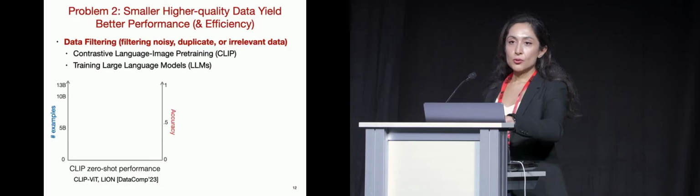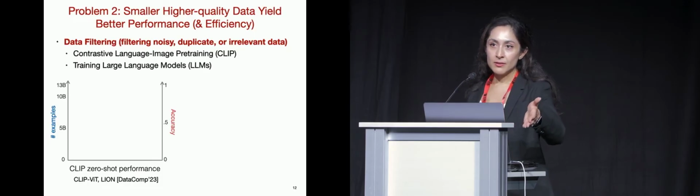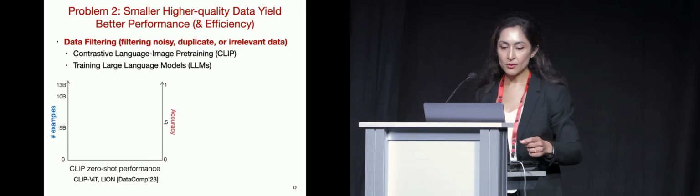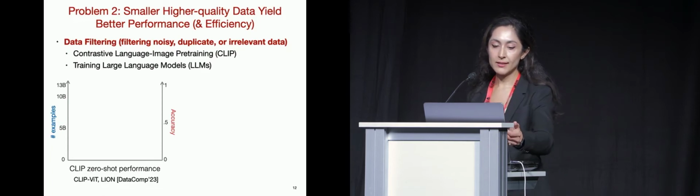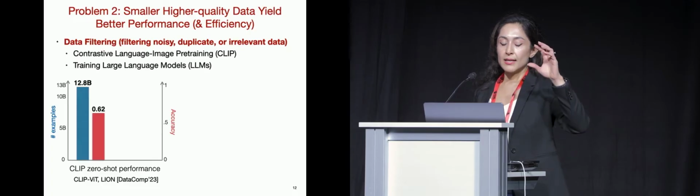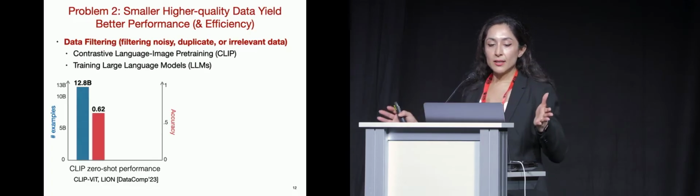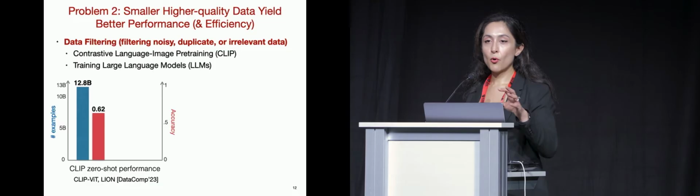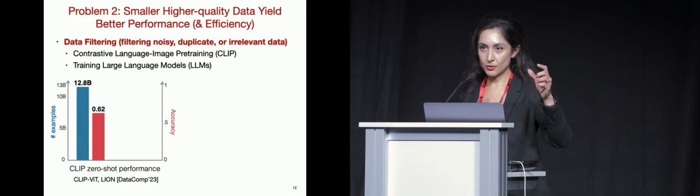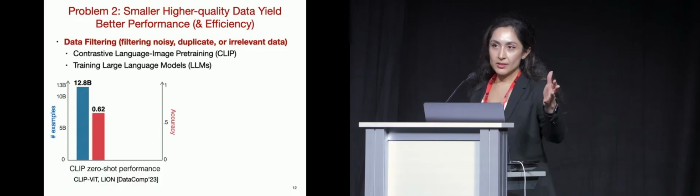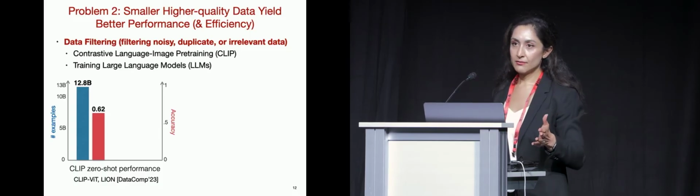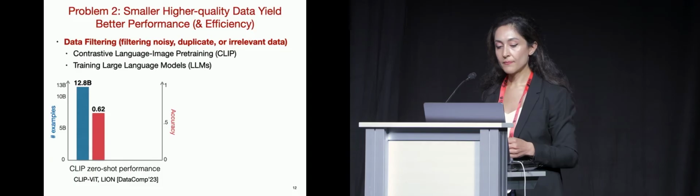For example, I show you two examples. One is CLIP, training multimodal vision language models. If you look at some results from DataComp, you see that if we train CLIP on 12.8 billion image-caption pairs, we get an accuracy of around 62 on ImageNet, zero-shot classification.